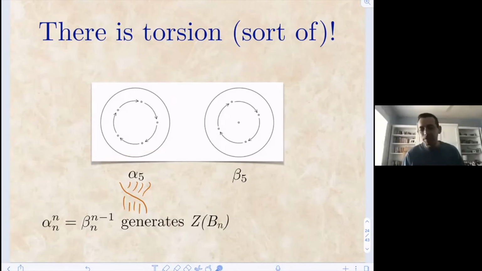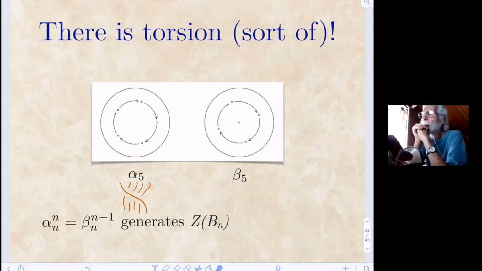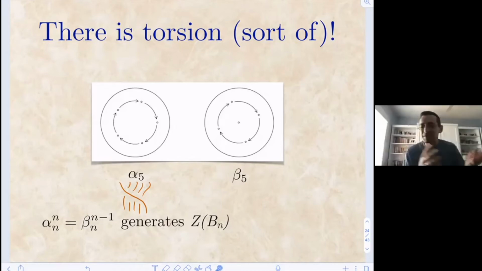So the idea of our proof is to understand, if I have a map from the braid group on n strands to some other braid group, where can this torsion element go? Okay, and because the center has to go to the center, you can mod out by the center.